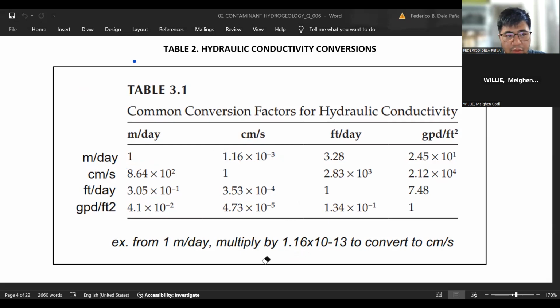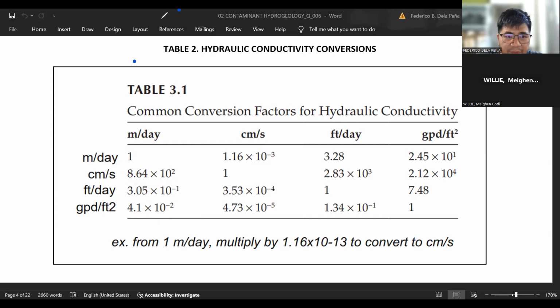Now, if you want to go the opposite way, from centimeters per second to meters per day, you just have to multiply 1 centimeter per second by 8.64 times 10 to the positive 2.